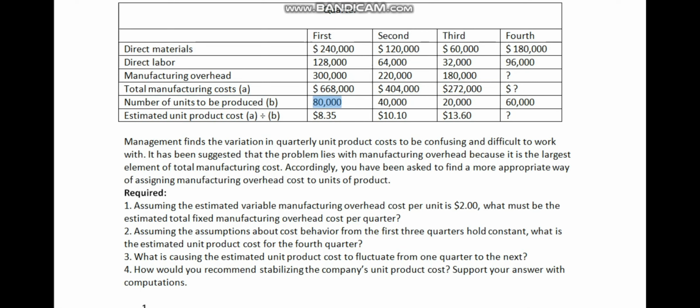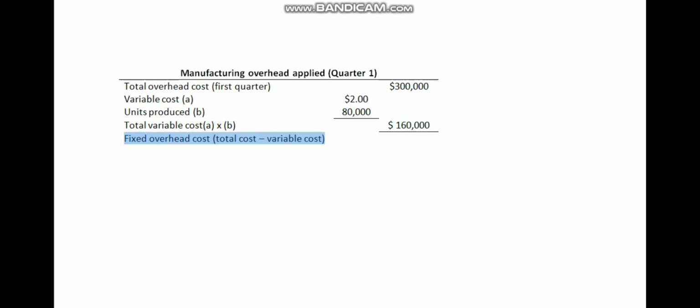That is 80,000 units. I'm going to multiply these two values. I get $160,000. I'm going to subtract these two values to get my fixed manufacturing overhead cost. That is $1,40,000. We are done with requirement number 1.